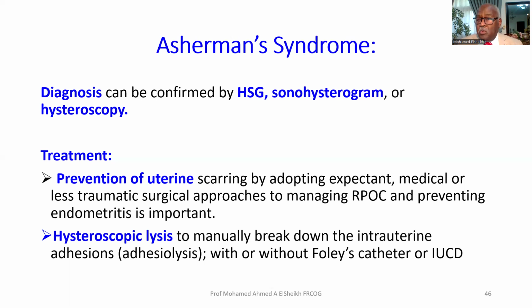You do the adhesiolysis, you break the adhesions, you may put a Foley's catheter for some time, or you may put an intrauterine contraceptive device for some time, or you may not do that. These are the options.